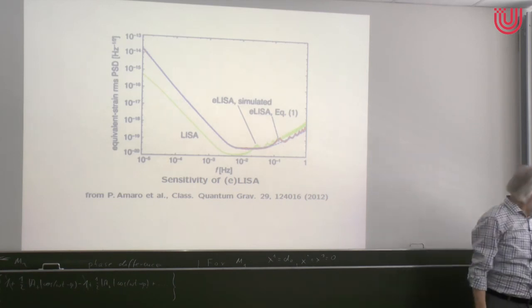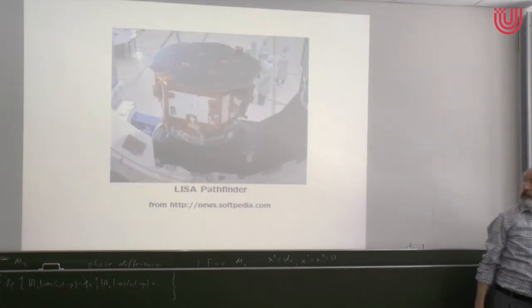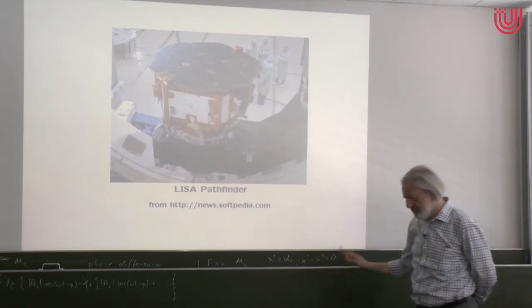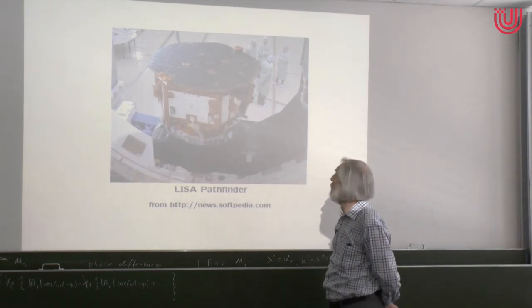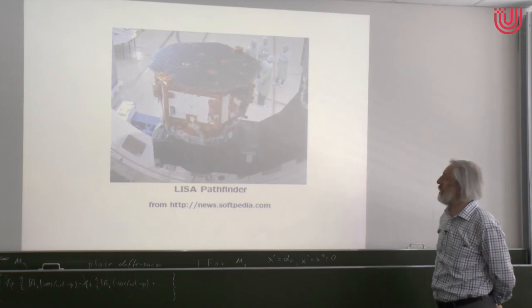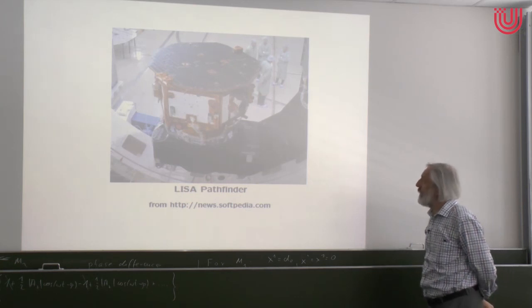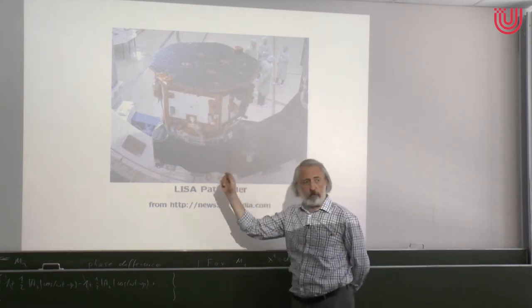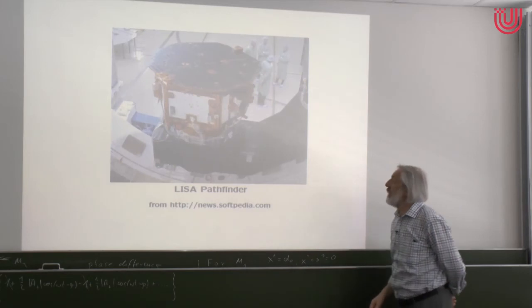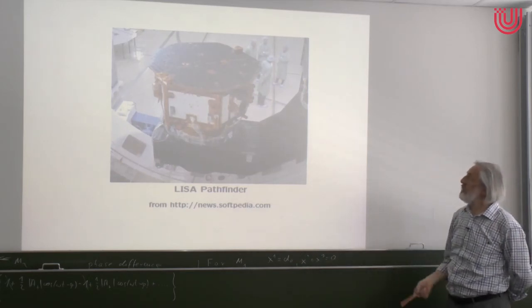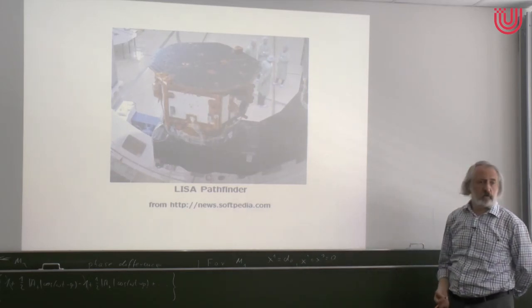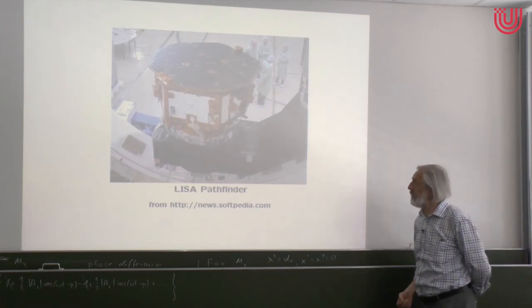LISA doesn't exist yet. It's something planned for the future, but what exists already is a project called LISA Pathfinder. It is just one spacecraft, not 3 spacecraft. It was designed for testing the technology for LISA.